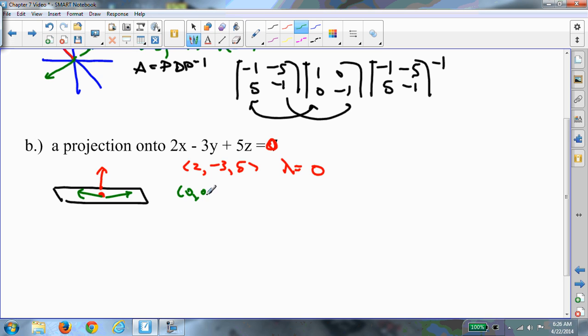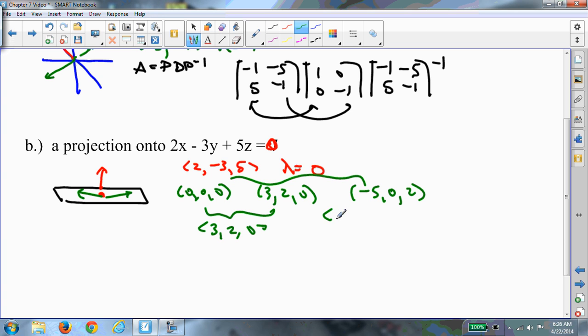Now, 0, 0 is a point on the plane. And then if I take something like 3, 2, 0, that would be a point on the plane. And if I take something like, let's see here, how about negative 5, 0, 2? That would be another point on the plane. And so these would create the vector 3, 2, 0 and the vector negative 5, 0, 2.